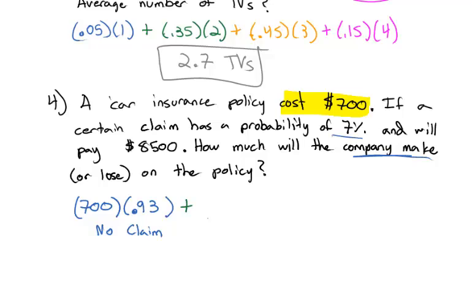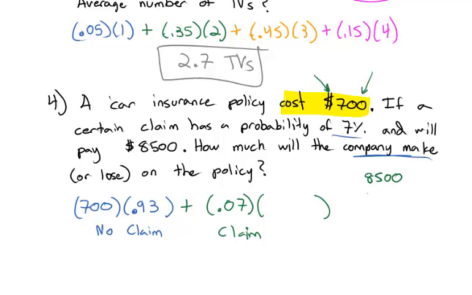We're going to add to that the probability that a claim is filed. The probability of a claim is 0.07. What is the payout? Now be careful here. A common error a lot of students do is they'll put $8,500 in here. The company's out $8,500, but remember they still brought in the $700 policy.